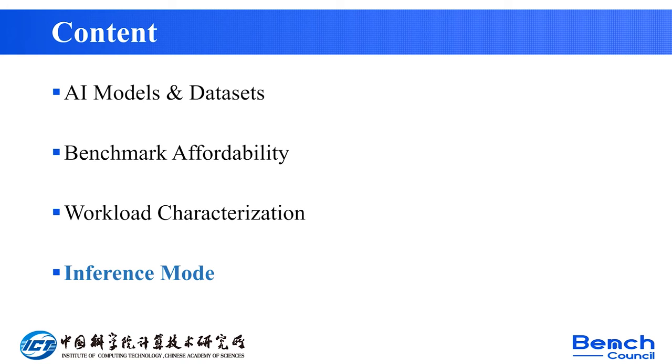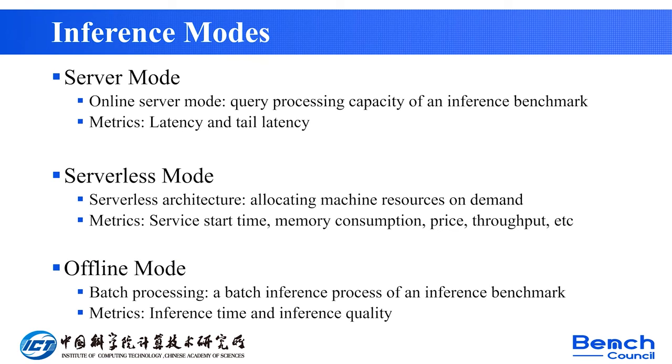Finally, the inference models. We have three inference models: server model, serverless model, and offline model. The server model is the online server model, which is about processing an inference benchmark. The metrics are latency and tail latency.